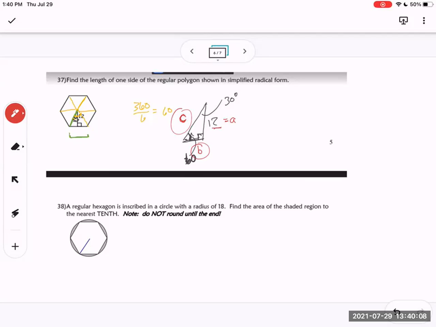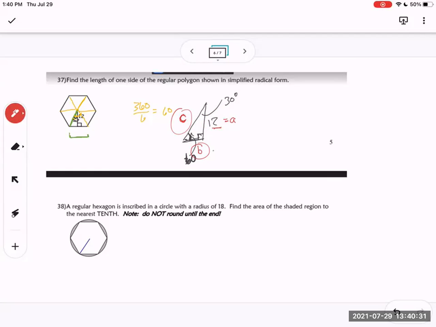I'm not going to go into the explanation for that, but just trust me. To go from this side to this side, you divide by square root of 3. This is the medium side. This is the small side. This is the hypotenuse. To go from the medium side to the small side, you divide by square root of 3 if it's a 30, 60, 90 triangle.